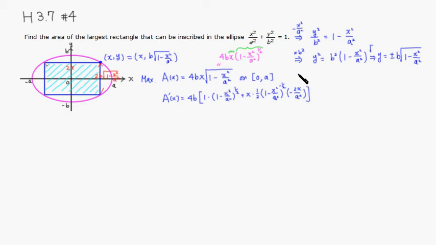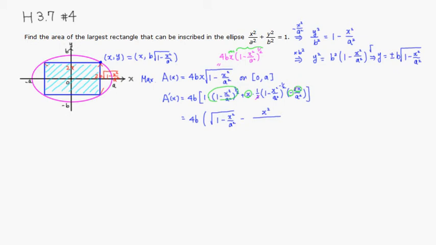Let's clean this up a little bit. You have a 2 on the bottom and 2 on top, so you can cancel that. Other than that, we can't do too much, so 4b is just outside. Then you have the square root of 1 minus x squared over a squared. Here you have a negative sign, and then x squared on top.